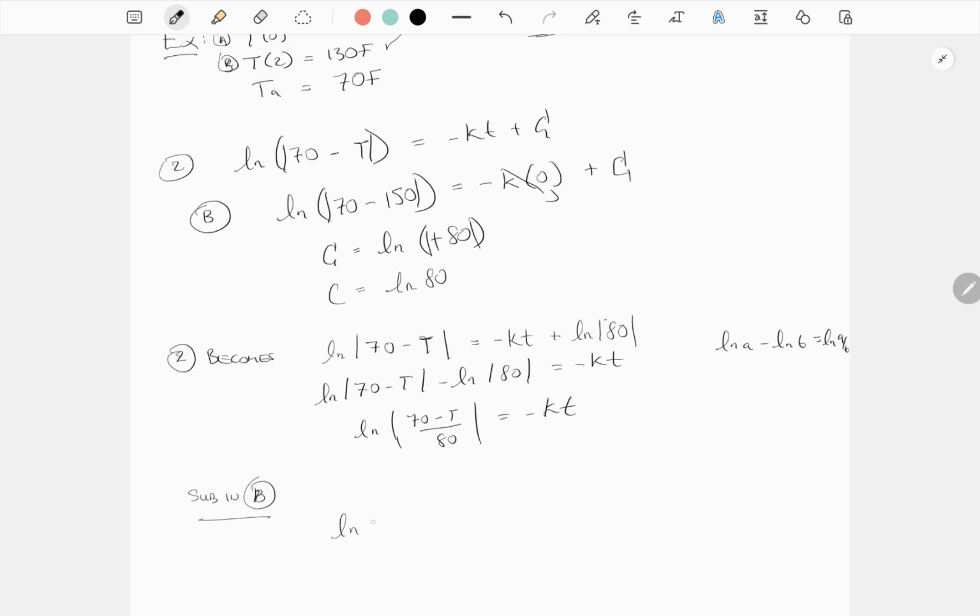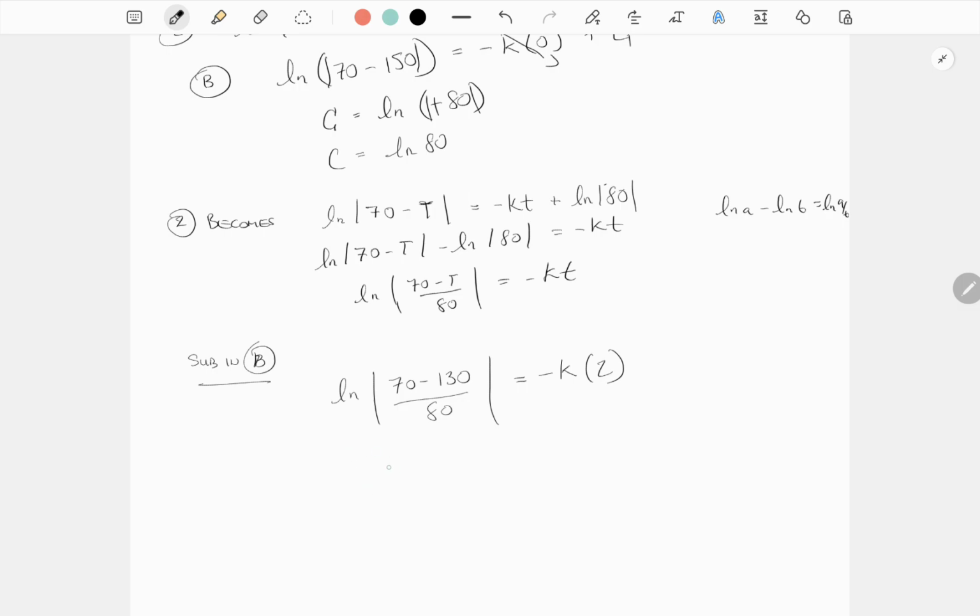This becomes ln of 70 minus 130 over 80 equals negative K times 2. Now we can solve for K.